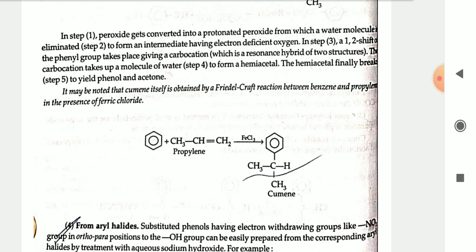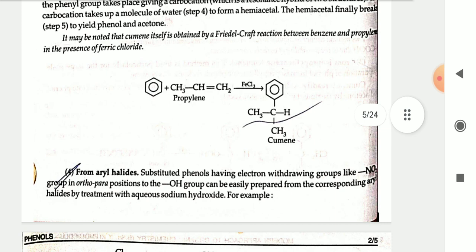It may be noted that cumene itself is obtained by Friedel-Crafts reaction between benzene and propylene in the presence of ferric chloride. Fourth, from aryl halide. Substituted phenol having an electron withdrawing group like a nitro group in the ortho or para position to the OH group can be easily prepared from the corresponding aryl halide by treatment with aqueous sodium hydroxide.